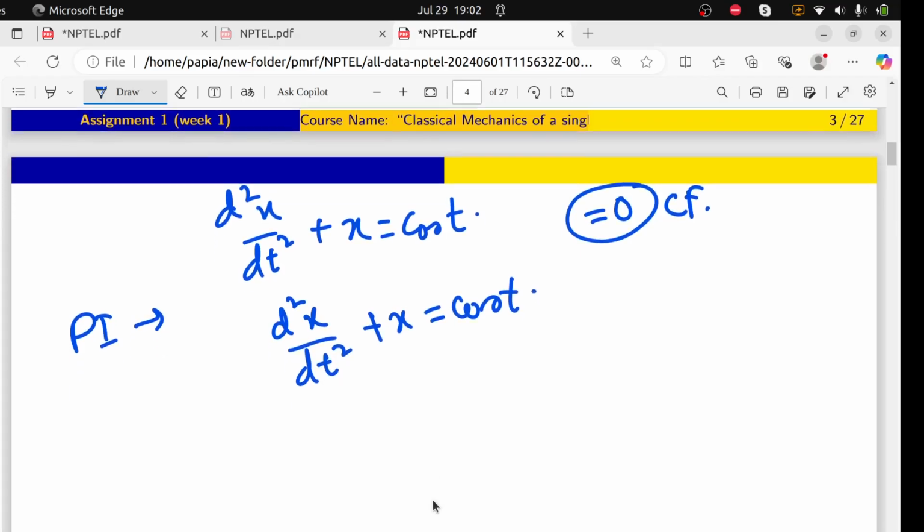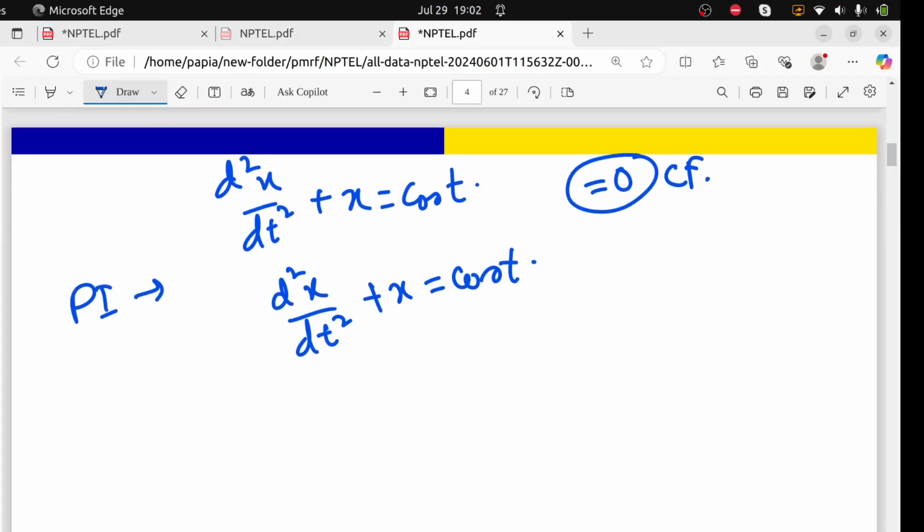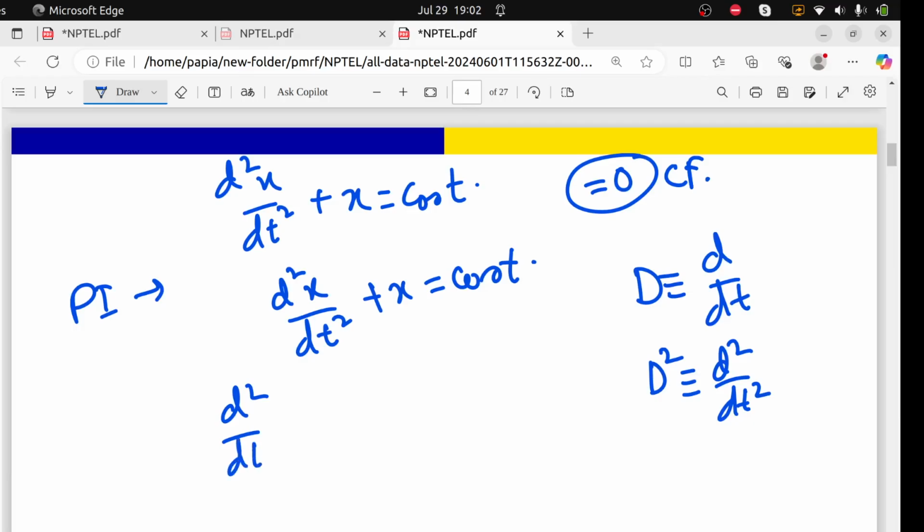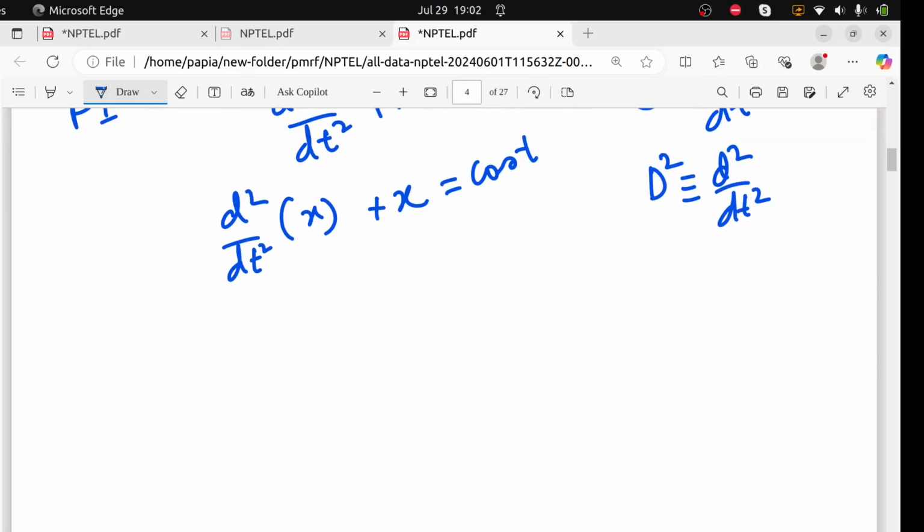Okay. Now for the simplicity of my calculation, I am just replacing d/dt as capital D. So D² here will be d²/dt². Now if I write here d²x/dt² plus x equals cos t, then I can write D²x plus x equals cos t.